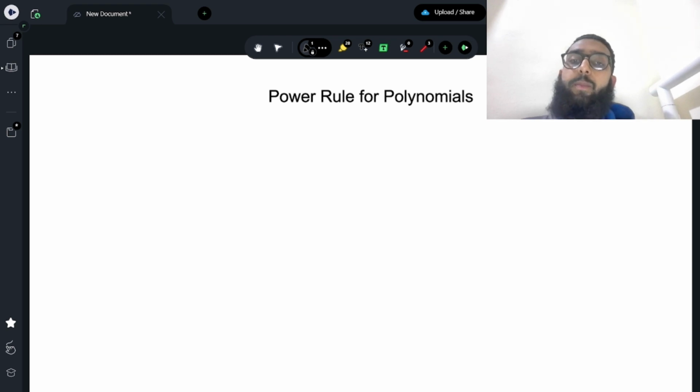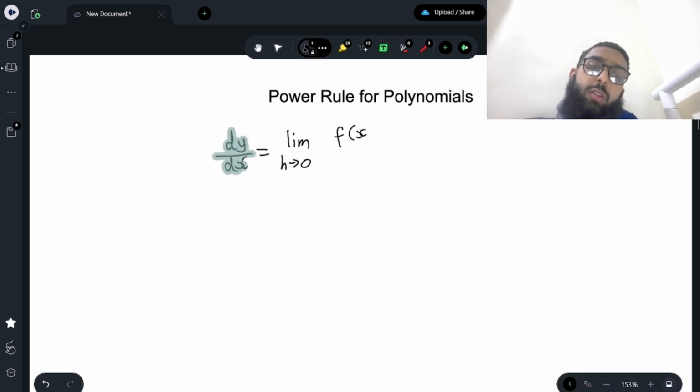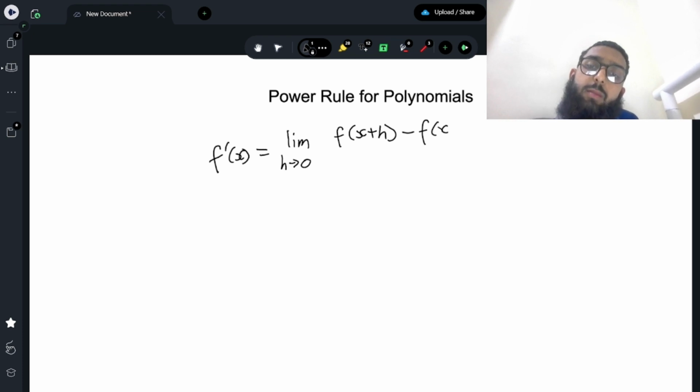Last lesson we learnt what differentiation is, and we learnt about the first principles, which is that the gradient at a certain point, which can be denoted as dy over dx, is equal to the limit of h approaching 0 of f prime of x plus h minus f of x all over h.